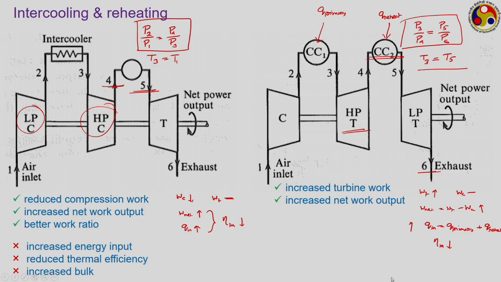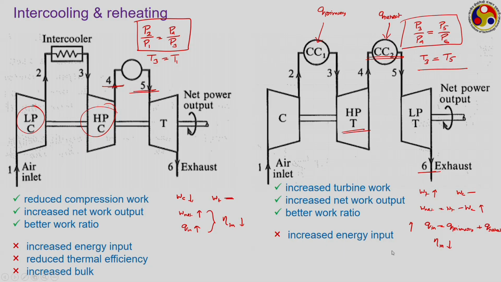So, we are having increased turbine work output and therefore increased net work output, and similar to the intercooling, a better work ratio or a reduction in the back work ratio, but there is increased energy input requirement leading to a reduction in the thermal efficiency.